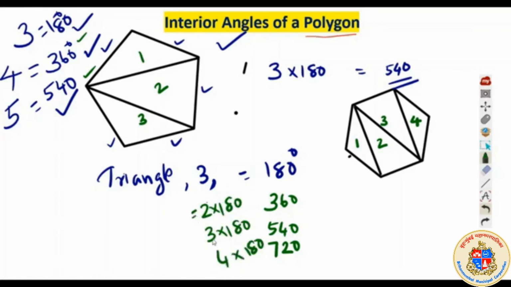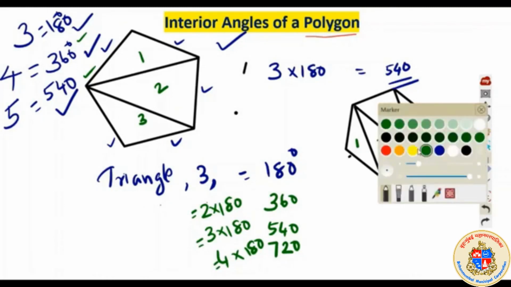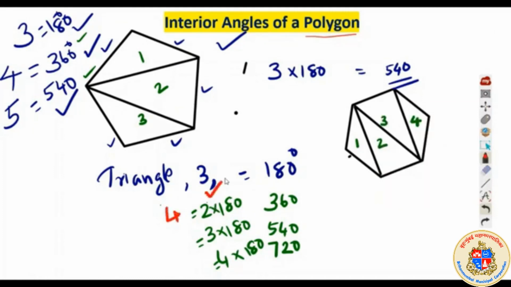That means there is a series. When the figure was four-sided, we multiplied 180 with 2. Five-sided, multiplied 180 with 3. Six-sided, multiplied 180 with 4.